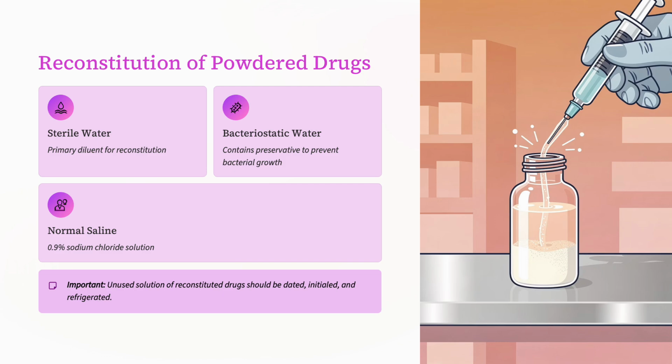So if we've got a medication that comes in a powder, a lot of our antibiotics come in powder. There are some others, but antibiotics in general usually come in powder. You may inject different solutions, and always follow the instructions and use the exact solution that it tells you. It may be sterile water, bacteriostatic water, or maybe normal saline.